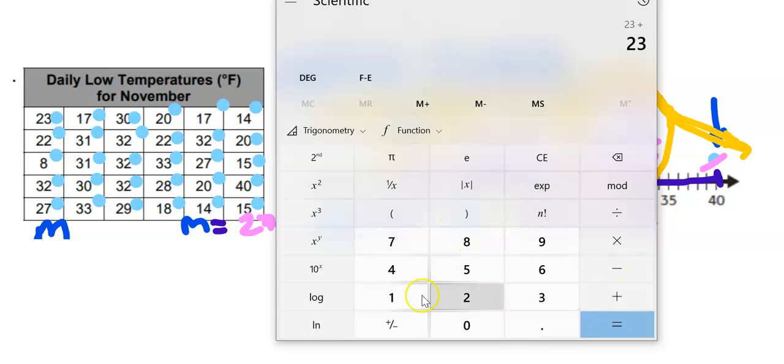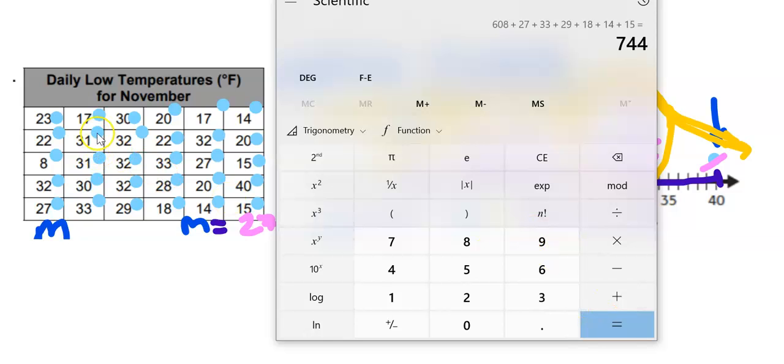All right, so I have 23 plus 17 plus 30 plus 20 plus 17 plus 14 plus 22 plus 31 plus 32 plus 22 plus 32 plus 20 plus 8 plus 31 plus 32 plus 33 plus 27 plus 15 plus 32 plus 30 plus 32 plus 28 plus 20 plus 40 plus 27 plus 33 plus 29 plus 18 plus 14 plus 15.